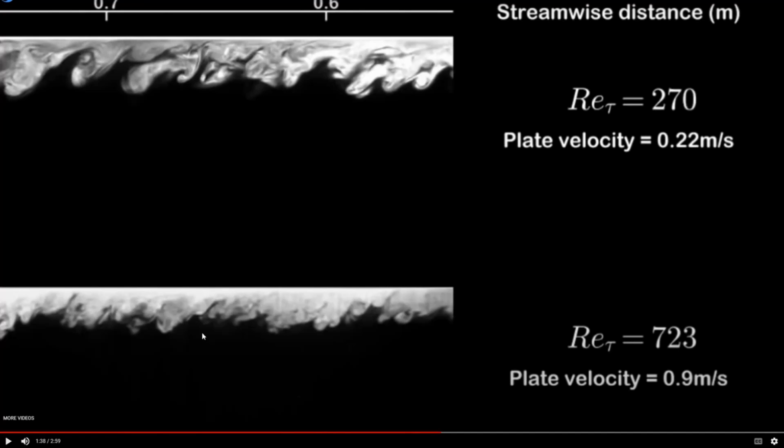And on the lower side, where the Reynolds number is significantly higher, the energy of turbulence is significantly higher, we can observe formation of smaller structures. You can see large vortexes and small size vortexes, and they form a more chaotic structure with respect to smaller Reynolds number.